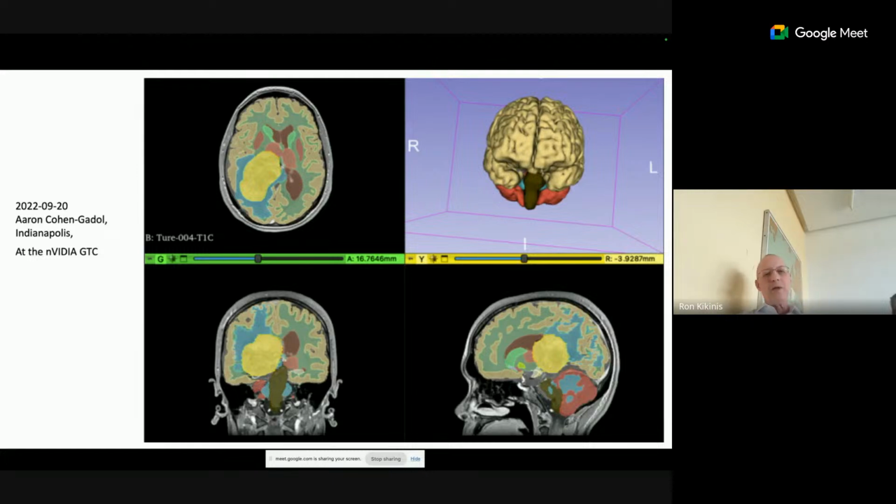So what you see here is basically very obviously in yellow, this is the brain tumor. You see the segmentation into gray matter, white matter, ventricles, deep gray matter. You see, for instance, the thalamus has been pushed forward by the tumor. In this example, thalamus being labeled in reddish color here.